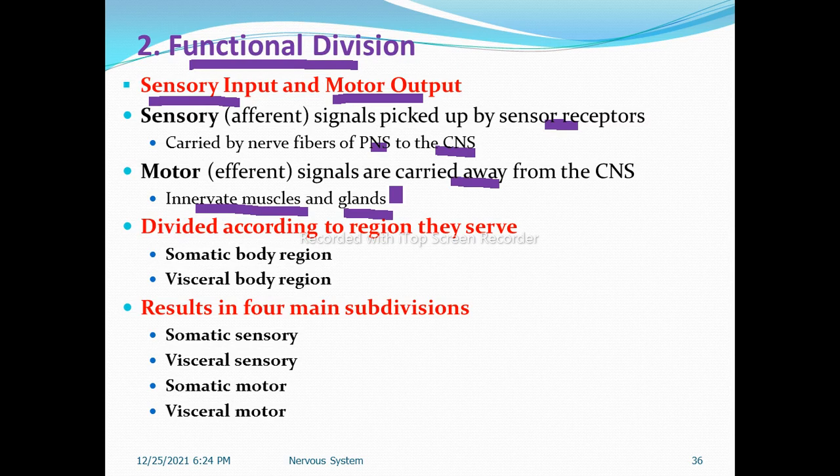The other division is that nerves are divided according to the regions they serve: somatic body region and visceral body region. The somatic body region is a region which we can control, the voluntary area. But the visceral body region is the internal parts of the body, like the GI and respiratory systems. Internal visceral organs are known as the visceral body region.